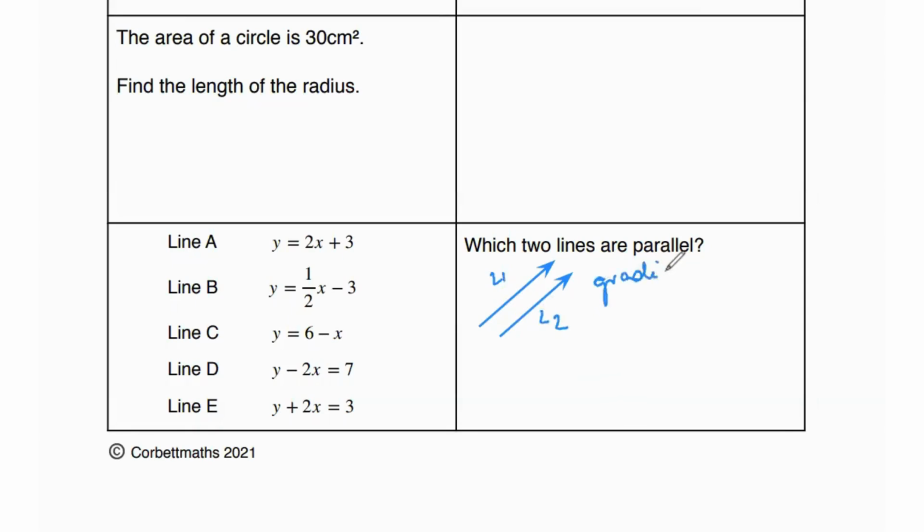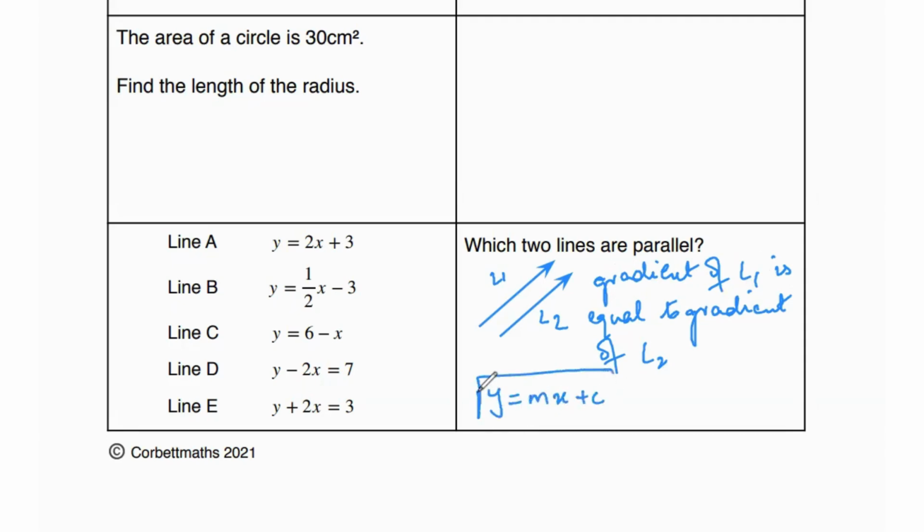Gradient of L1 is equal to gradient of L2. Now, to identify which one of these values is the gradient, we use the slope-intercept form, which is y equals to mx plus c.